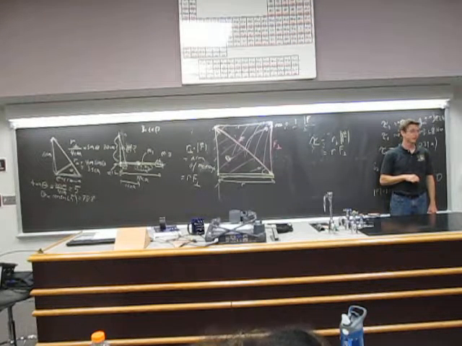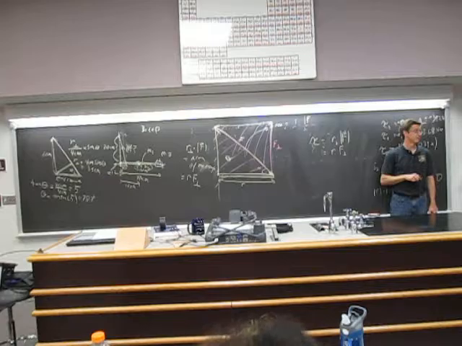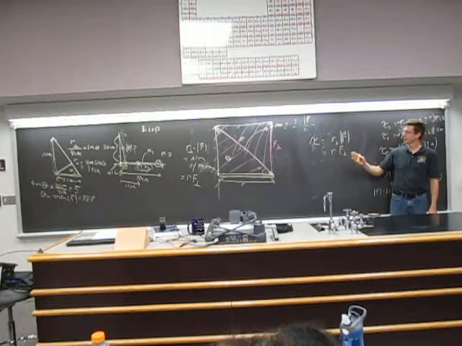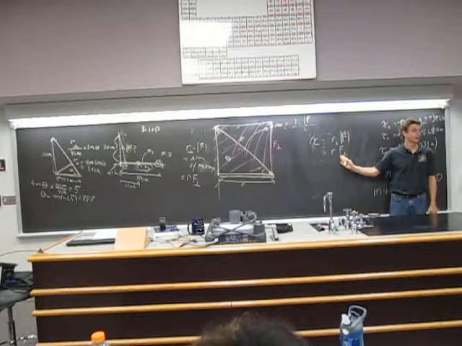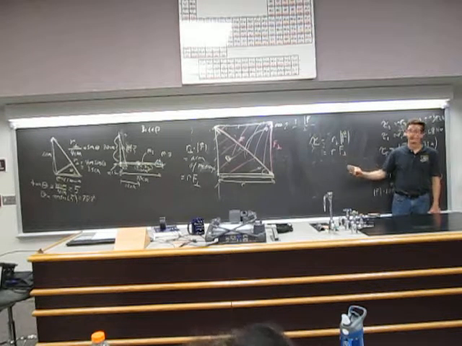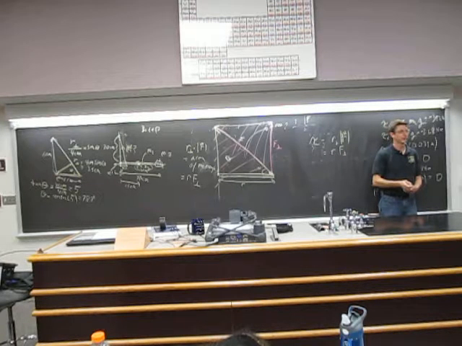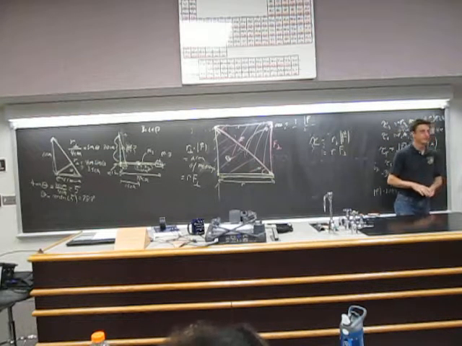Either one of those is an equivalent definition of torque. Sometimes it's easier to figure out the torque due to a force this way, sometimes it's easier that way. When you have a guy wire at an angle, it'll be easier this way. So let's go ahead and do an example.